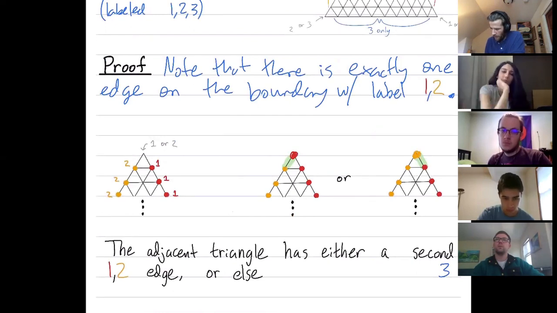By the adjacent triangle, I just mean the triangle containing this edge. So the adjacent triangle has either a second 1, 2 edge or else a vertex labeled 3.